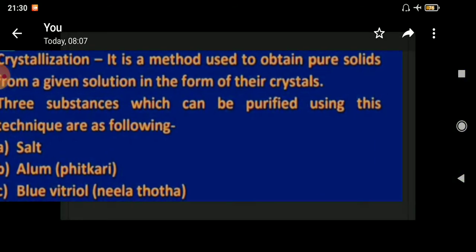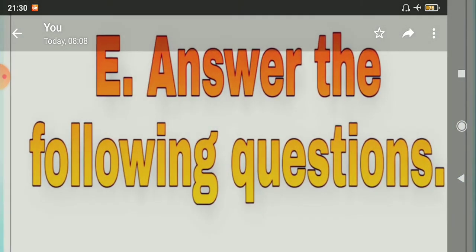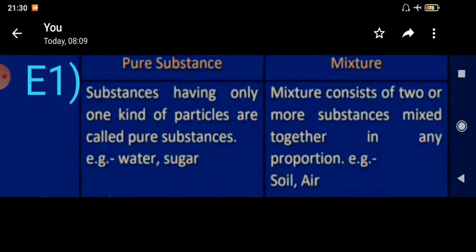Okay, moving ahead, answer the following questions. The first question is, differentiate between a pure substance and a mixture and give two examples of each. So pure substance की definition क्या हो सकती है? Yesterday I shared a video where I explained substance, mixture and homogeneous, heterogeneous all in detail.